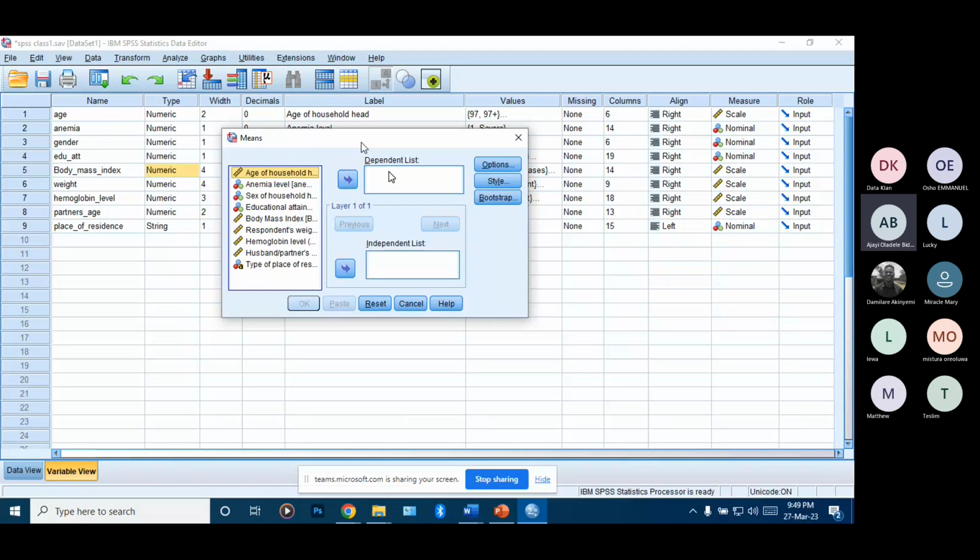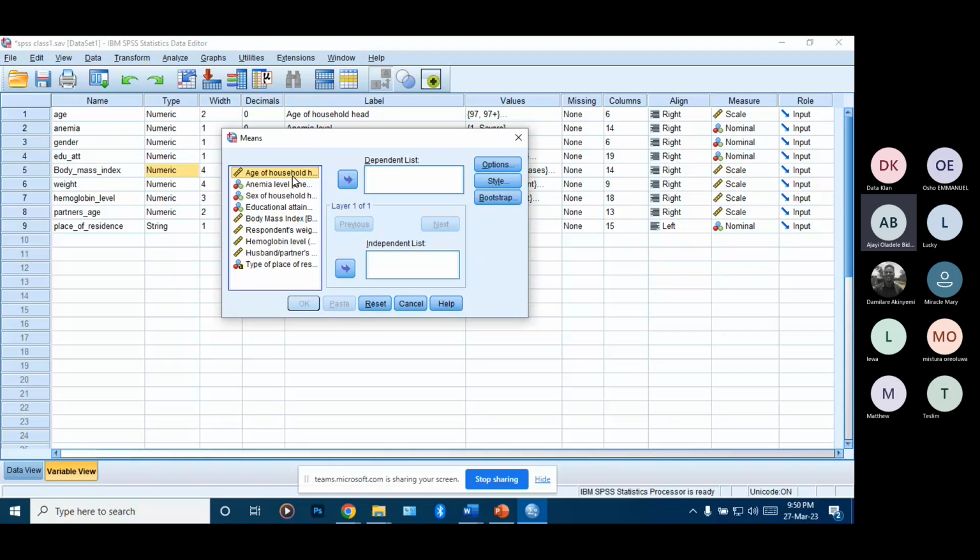What this analysis does is, for example, in a classroom of males and females with ages 10, 12, 11, 6, we can actually know the mean age of males and the mean age of females. That is just briefly what this does for us.